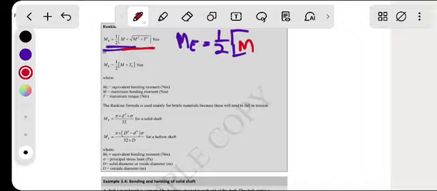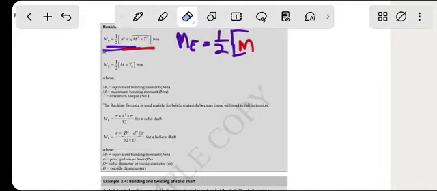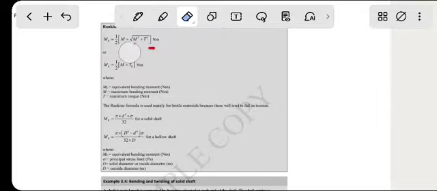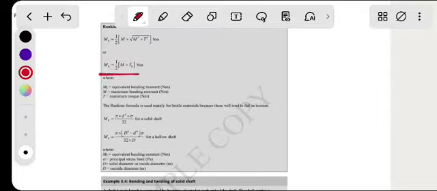Me is equal to 1 over 2 times the maximum bending moment M plus the square root of M squared plus T squared, measured in Newton meters. This is the familiar one that we'll use the most.